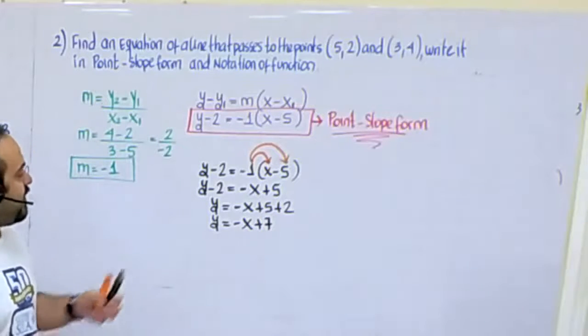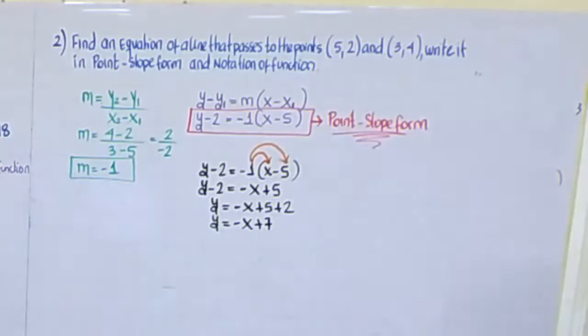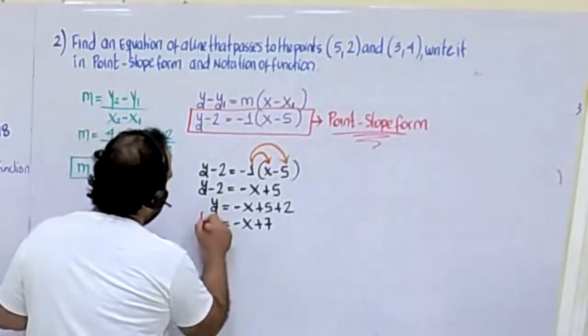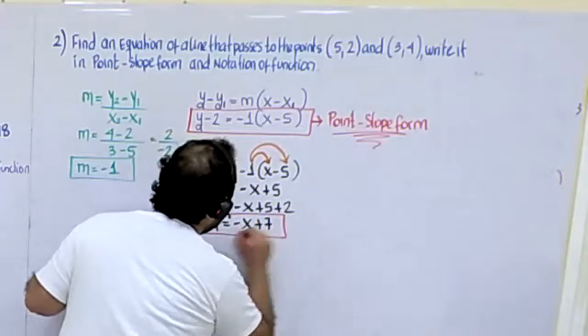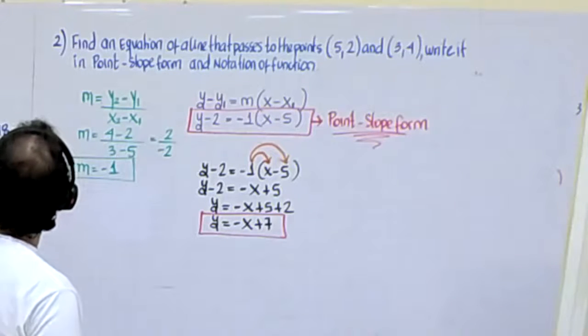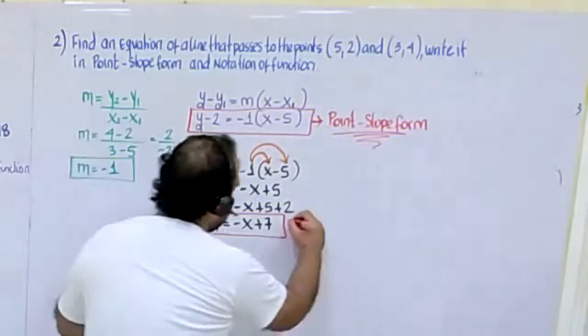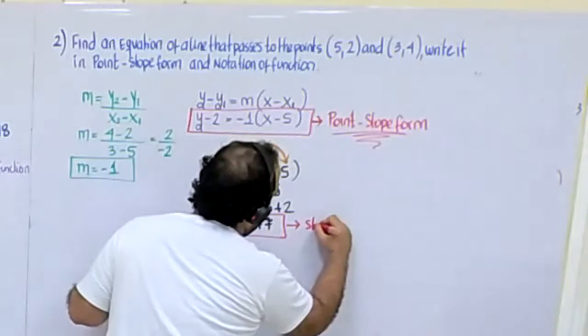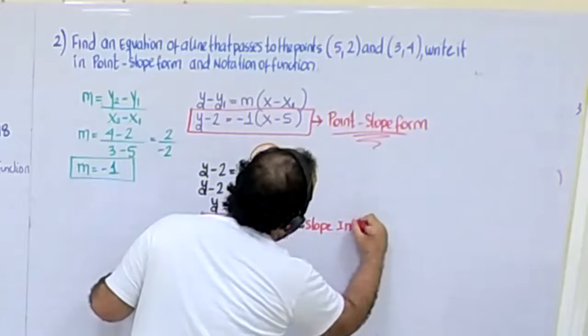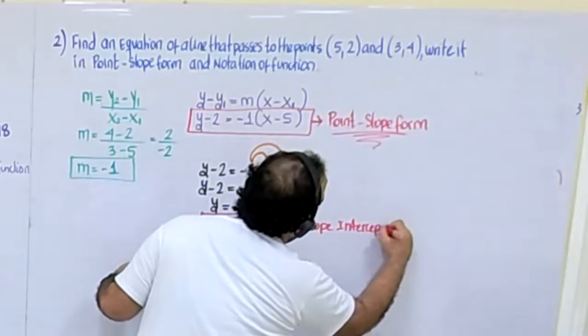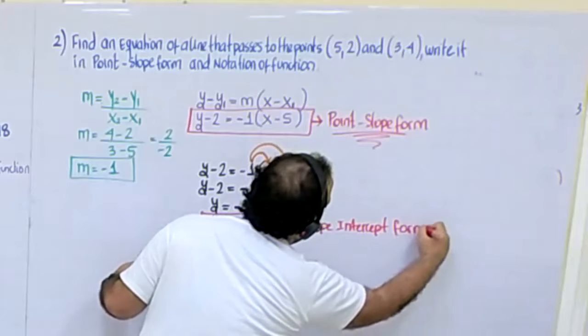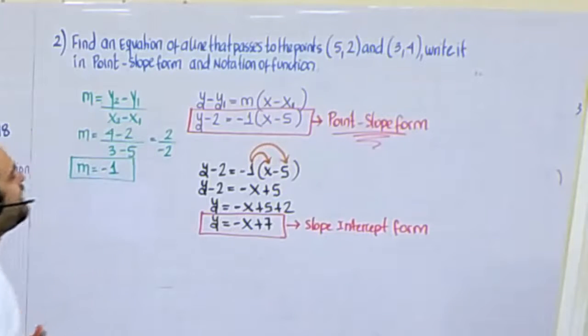This equation is what we call the slope intercept form. But the problem is asking for notation of function.